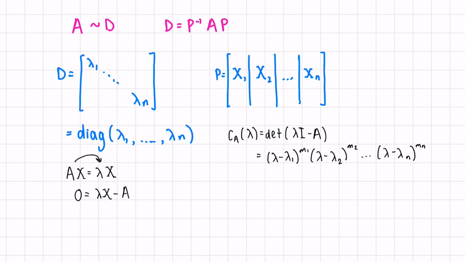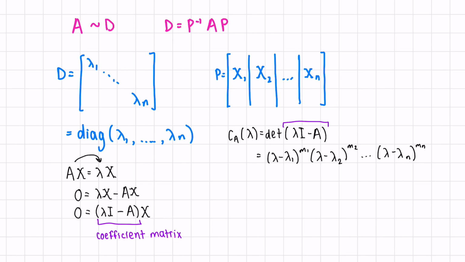Both terms have this x, so we can factor this out. But since lambda is just a scalar, we have to multiply it by the identity matrix. You'll notice that lambda I minus A is the same matrix, so you don't have to regenerate it, you can just reuse it. And this will be the coefficient matrix of the homogeneous system.